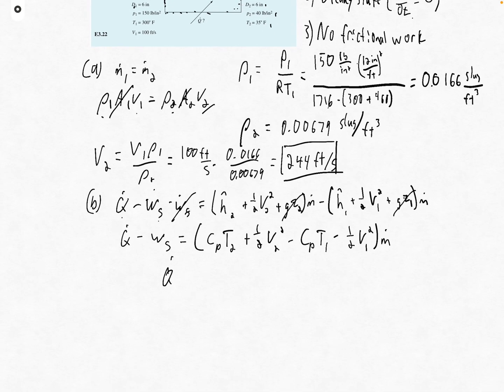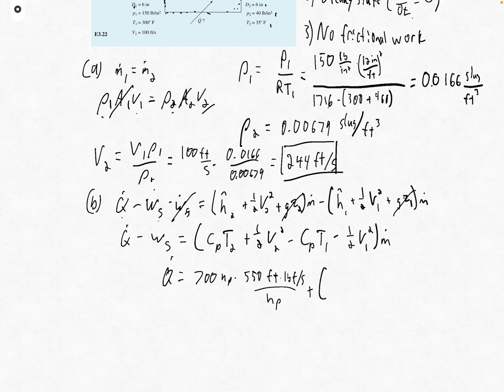So Q dot is going to be equal to WS, the shaft work. We're given that the shaft work is 700 horsepower, and we can do a unit conversion there. So it's going to be 700 horsepower times a conversion factor of 1 horsepower is 550 feet pound force per second.